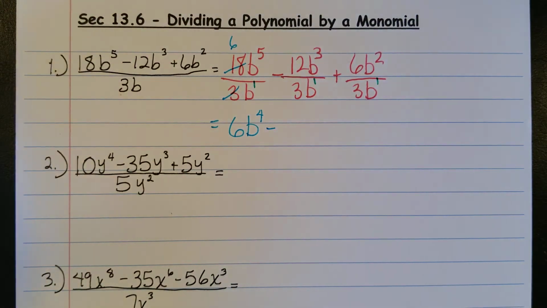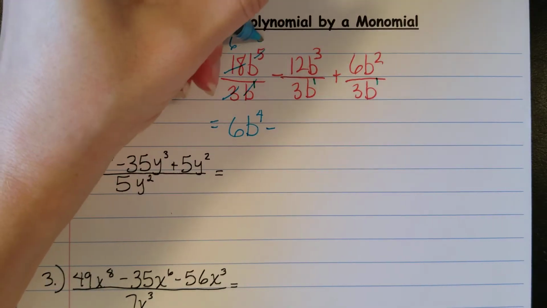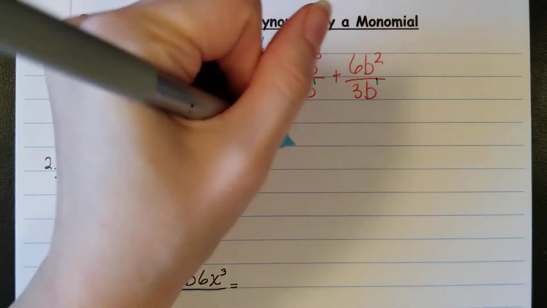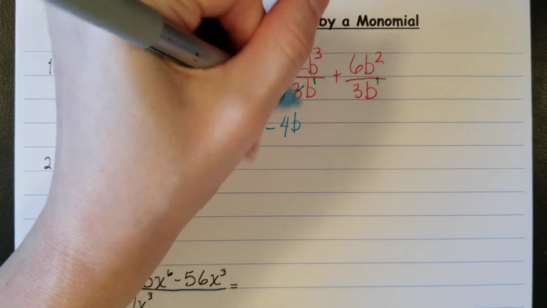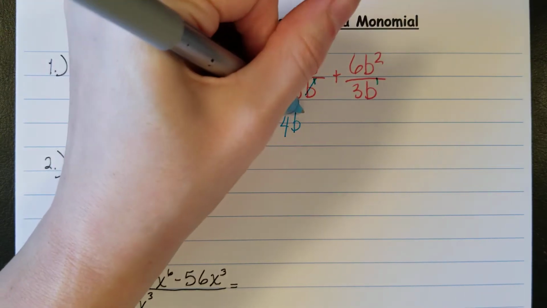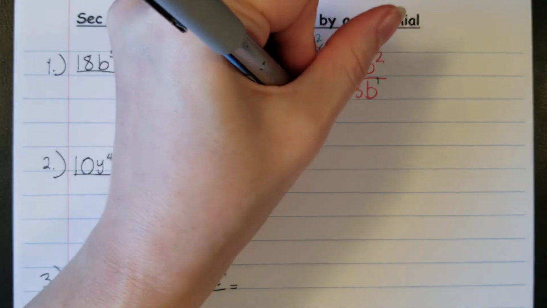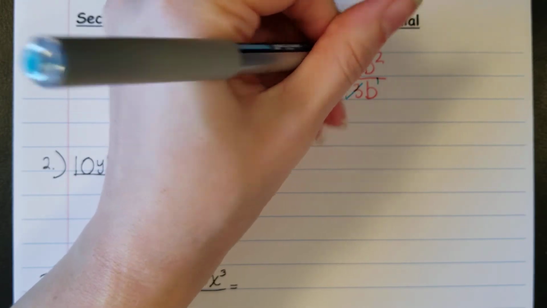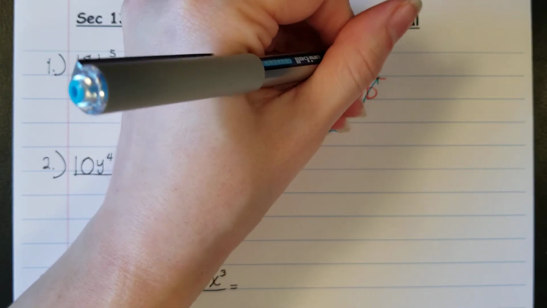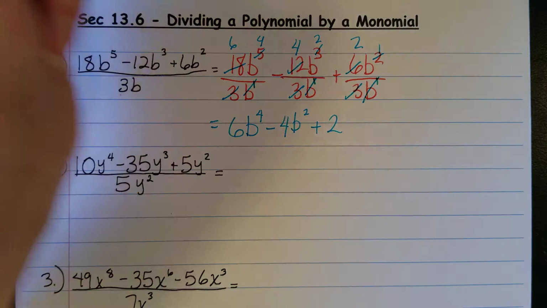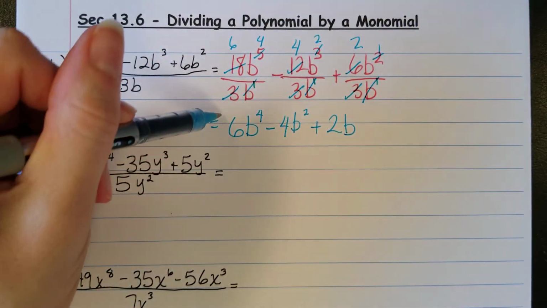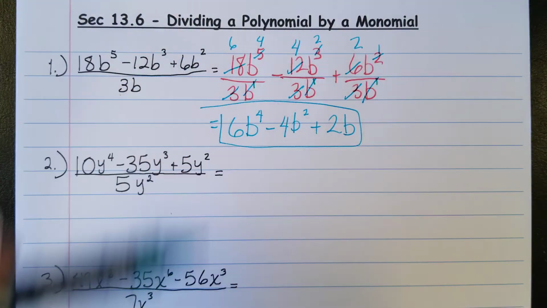Minus, 3 goes into 12 4 times, 3 minus 1 is 2, so that's 4b squared. And then 3 goes into 6 2 times, and 2 minus 1 is 1, so that's just 2b. So there's my final answer.